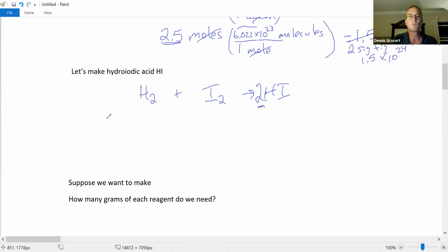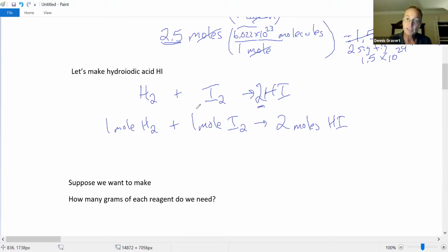So if we take 1 mole of hydrogen and we add 1 mole of iodine, I2, we're going to get 2 moles of HI, hydroiodic acid. There's an invisible 1 here, an invisible 1 there. Typically, the units, if you will, for a balanced chemical equation are in moles.